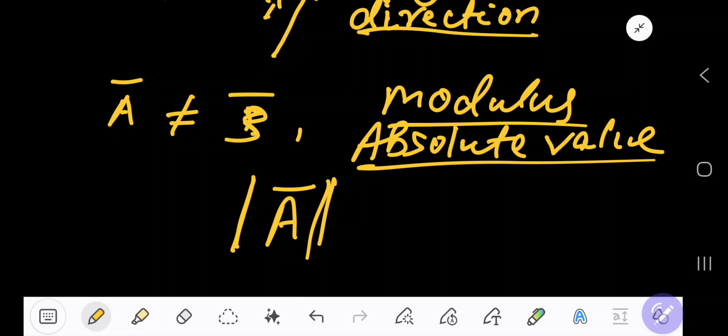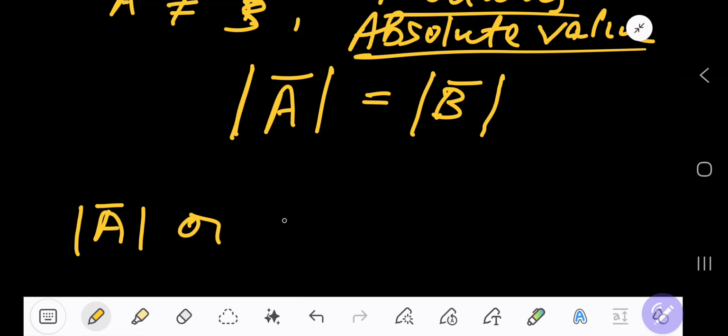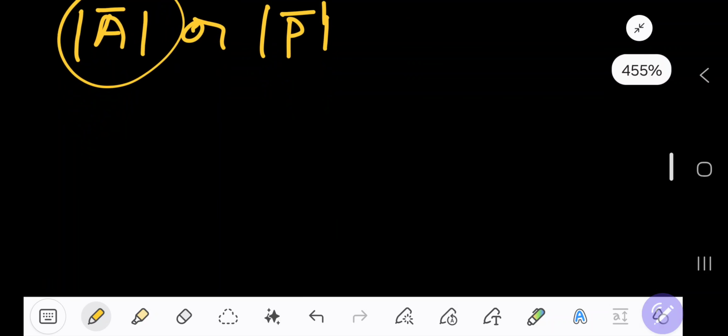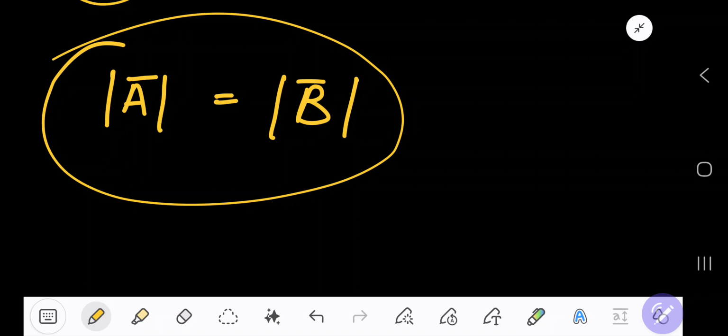So this represents the magnitude of A bar is equal to the magnitude of B bar. Whenever you see something like this, it means the magnitude of the vector. So this shows, even though the direction is not equal, the magnitude of A bar equals the magnitude of B bar. This is how you represent magnitudes and direction.